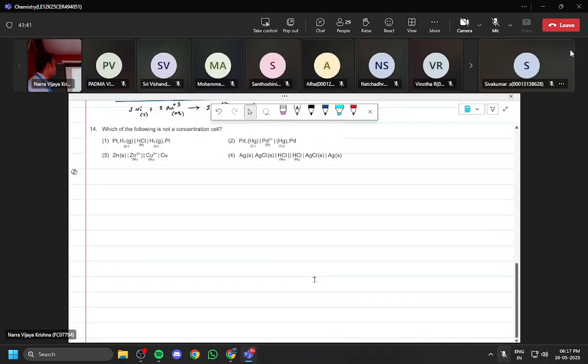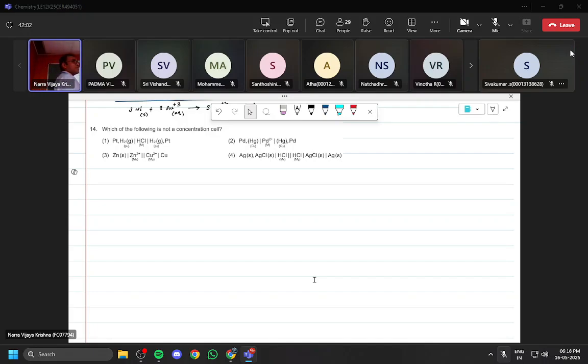See this one? Which of the following is not a concentration cell? We have seen 2 types of concentration cell. Electrode concentration cell, electrolyte concentration cell. In electrode concentration cell, we are changing concentration of electrodic part, gas.